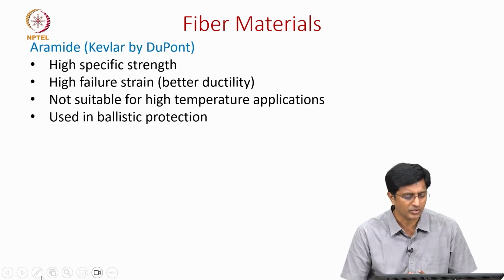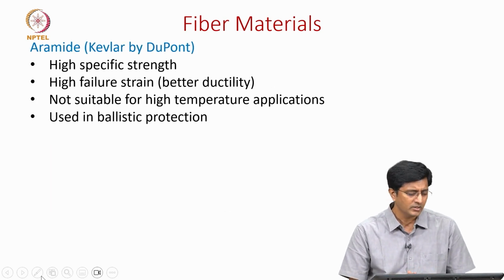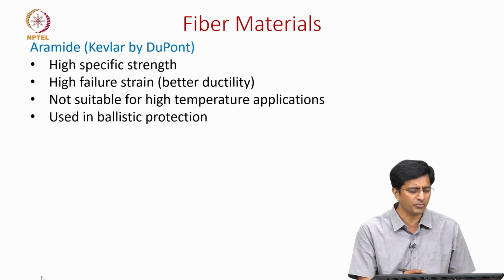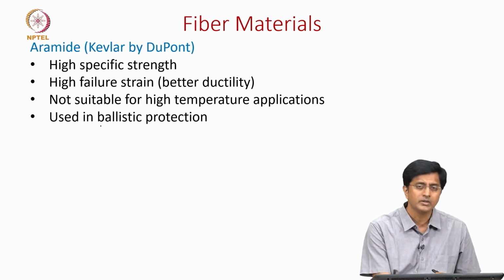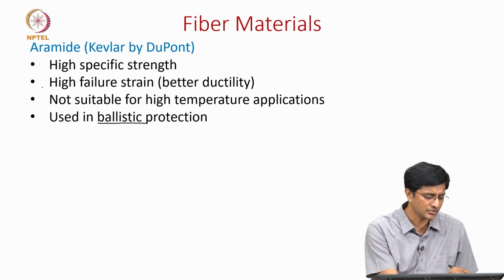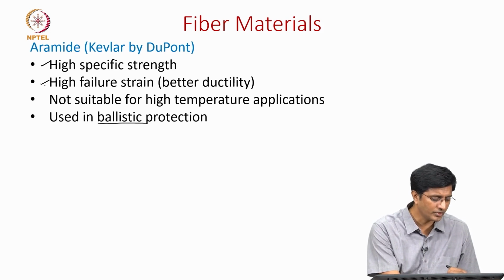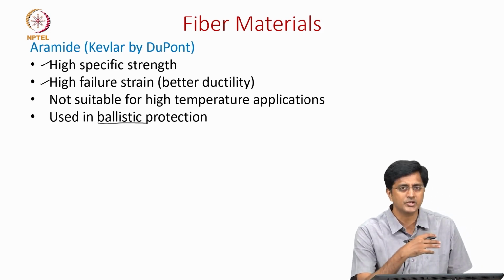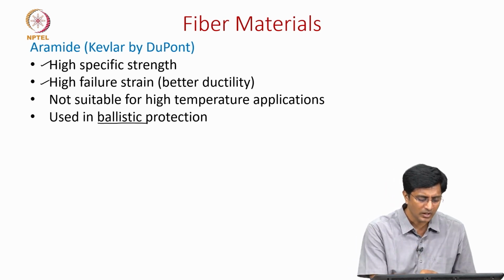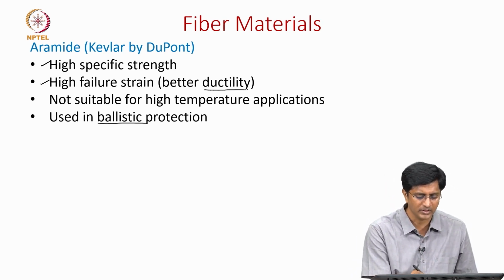The third category of fiber material is aramid, commercially known as Kevlar, produced by DuPont. These are most popular because of their applications in bulletproof jackets or ballistic protection. They have two big advantages: one being very high specific strength, and secondly, more importantly, high failure strain, which means they can take large strains before failure, which in other words means better ductility.